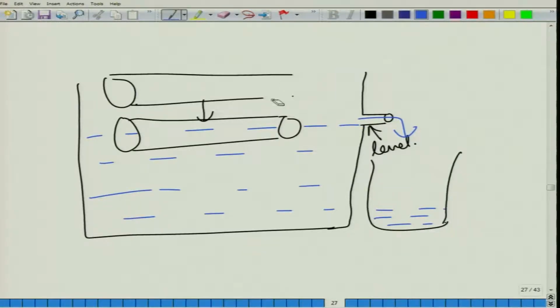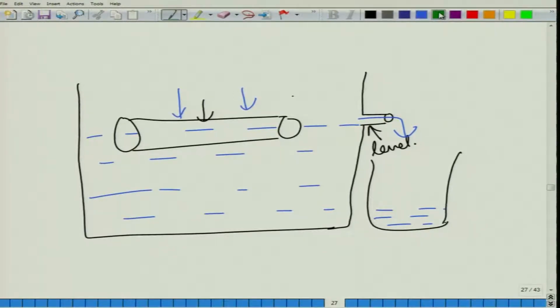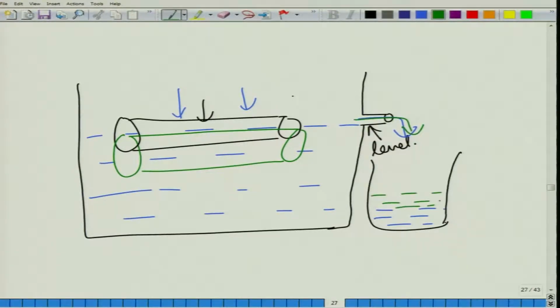Then you apply even more force to this wood, such that it gets completely immersed in water. When it does so, it will displace even more water, and this volume, the amount of water that has been displaced, will be equal to the volume of the sample.